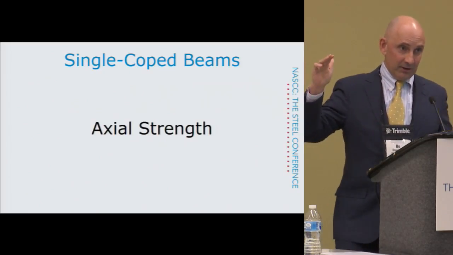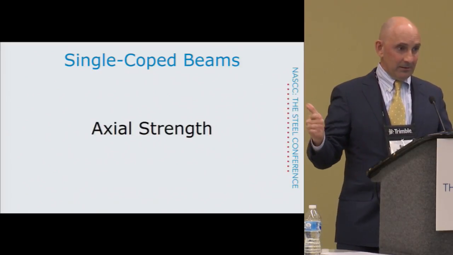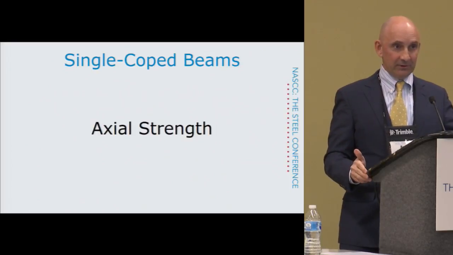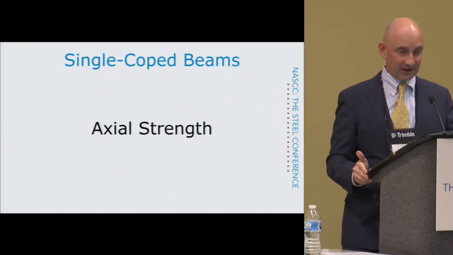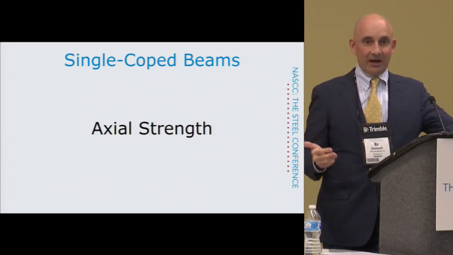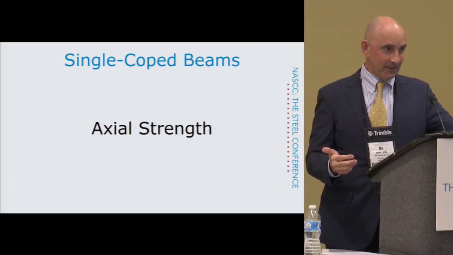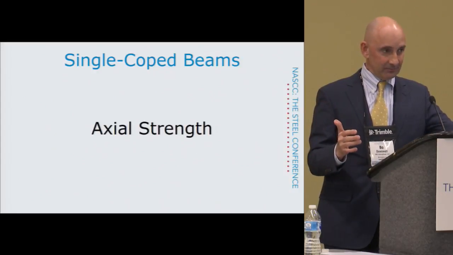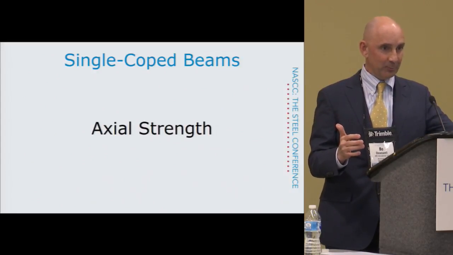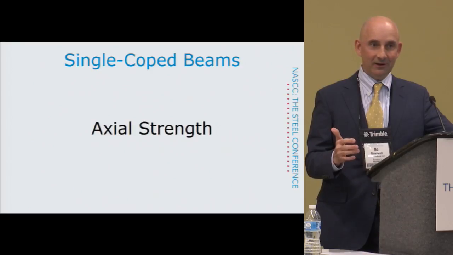And we know that in the past, the Euro report and several others that have been published after that, the design model was based on a local buckling model for flexure. All right, so then we put this cope in compression. How do you think it's going to fail?